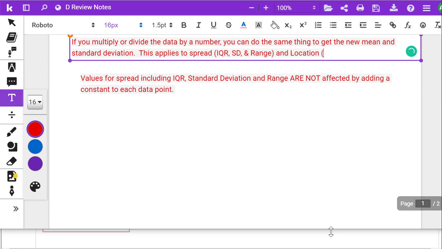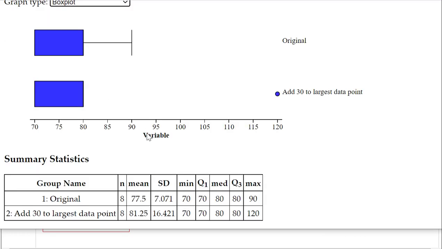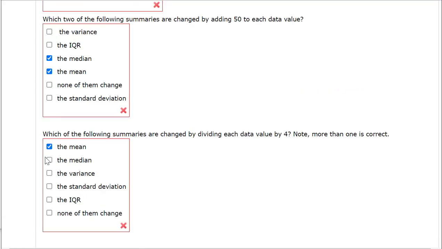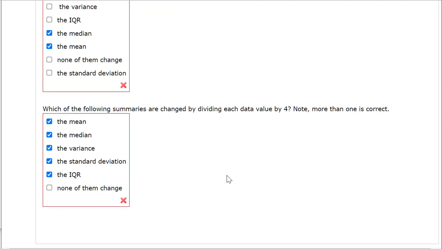That's things like mean, median, Q1, Q3. Those are all measures of location, all right? So there you go. So this should affect everything. Let me go back to my question. The mean, the median, the variance, the standard deviation, the IQR, all right?